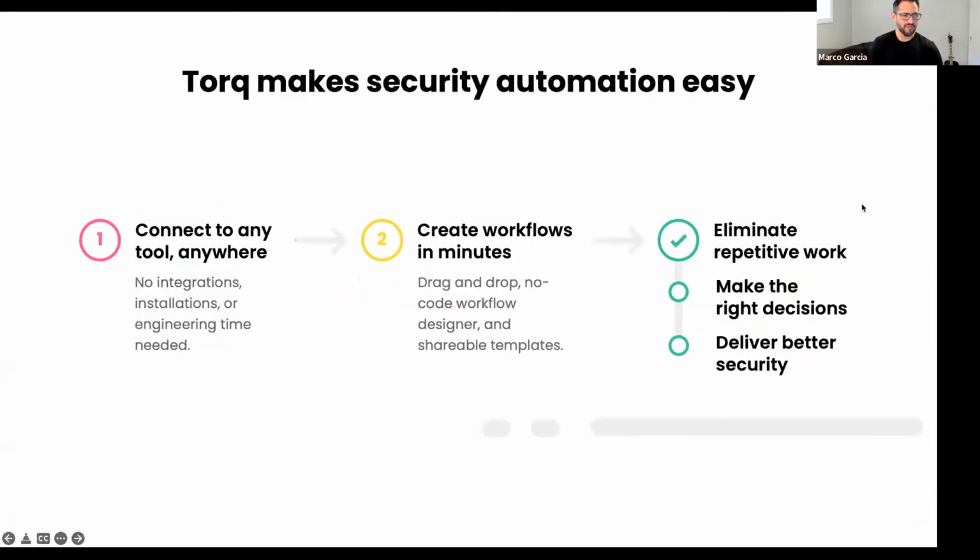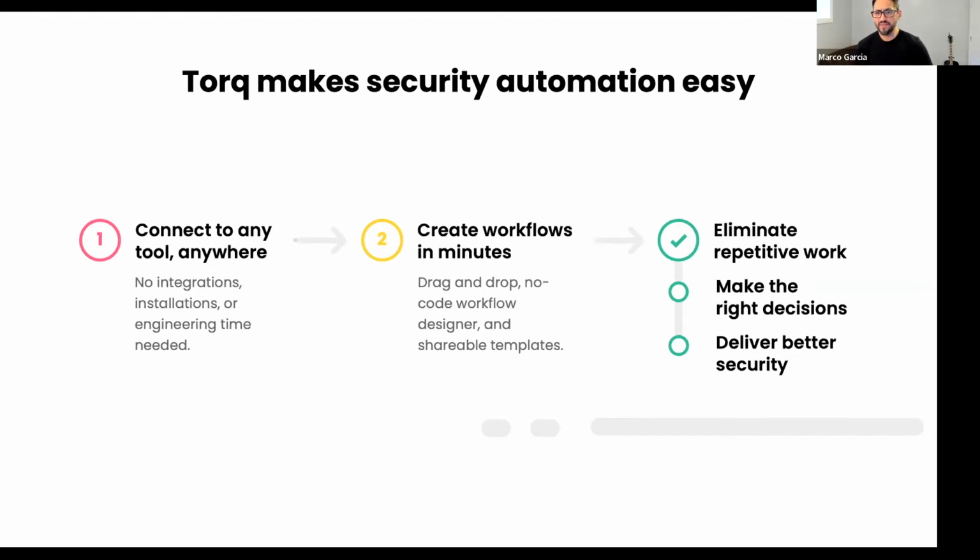What makes us different? Number one, extensibility. We allow you to bring any part of your security stack without ever being blocked, paying for professional service engagements, or having to write your own code to accomplish the desired automation. We provide all the components needed for you to connect any part of your security ecosystem and build the desired automation.